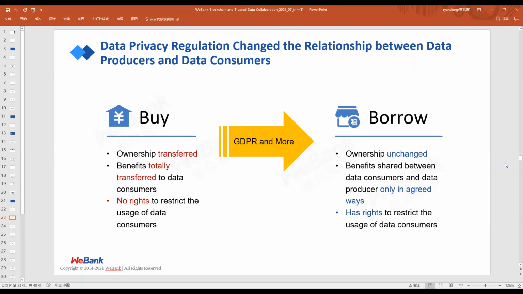But now it's different. Personally identifiable data is always owned by the individual who actually generated it, no matter who collected it or not.